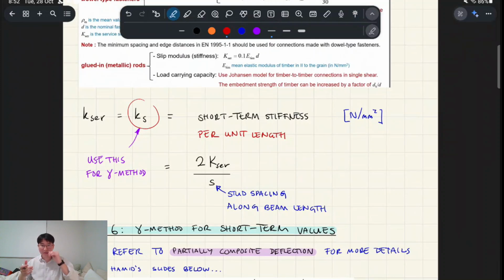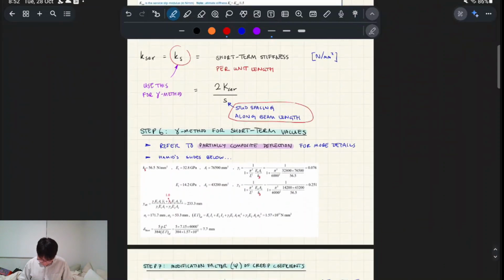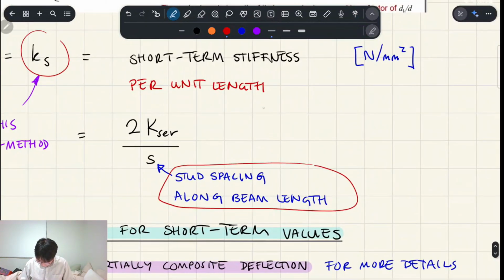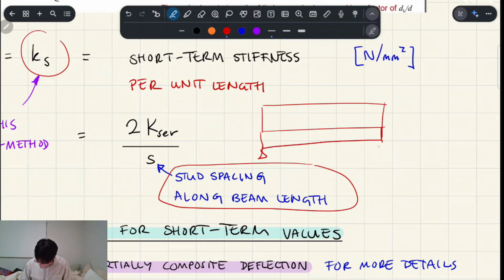So we're going to need to use it when we're looking for the deflection, right? It has this thing which accounts for how the studs are spaced along the beam, right? So just keep that in mind. I think your assignment is cooked, right? Because, I'm just going to draw it again. If that's your beam, your studs have a linearly increasing spacing.